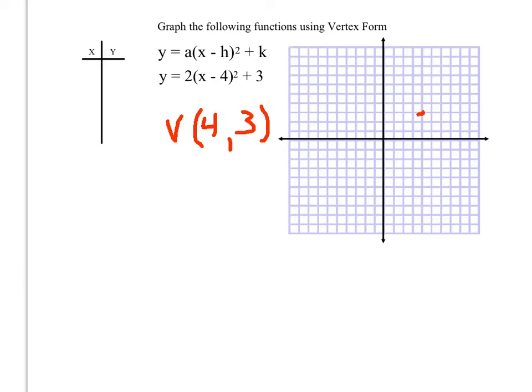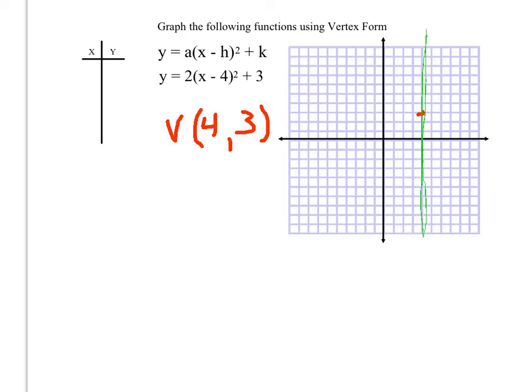Now, it's just a matter of picking a couple more points to put into our x, y table to plot the points. And keep in mind, we will have that axis of symmetry that will help us out a little bit in this, and that axis of symmetry will run vertical right down through that point.